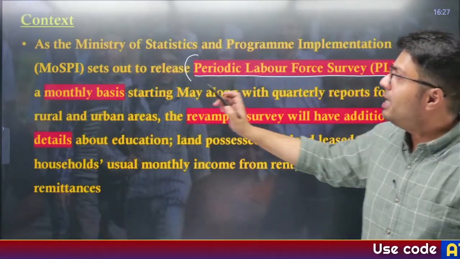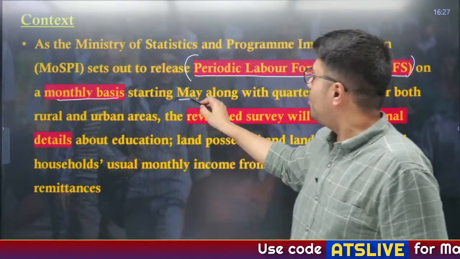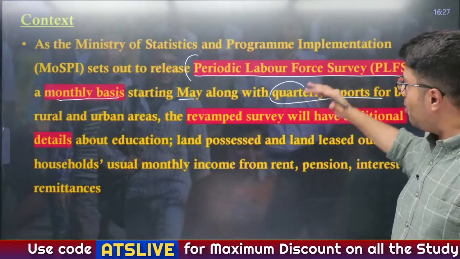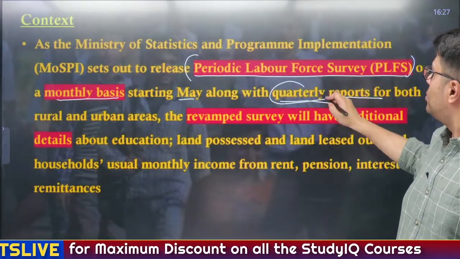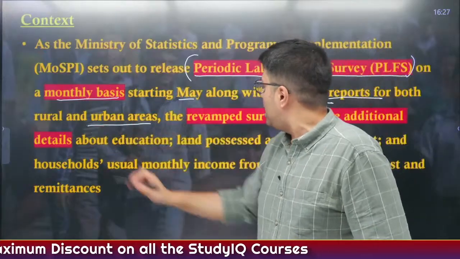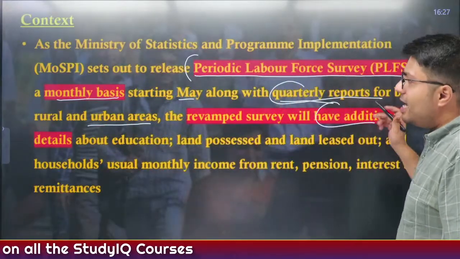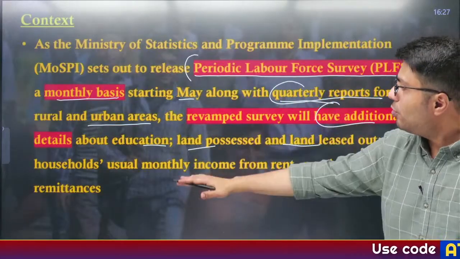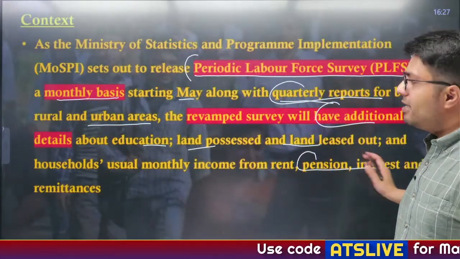Now it will be released also on a monthly basis starting from this month, along with the usual quarterly and yearly report. Earlier the PLFS were published quarterly for both rural and urban area, and the revamped survey will have additional details about education, land possessed, land leased, household usual monthly income, pension, interest and remittances.